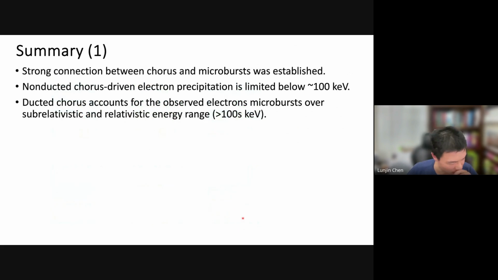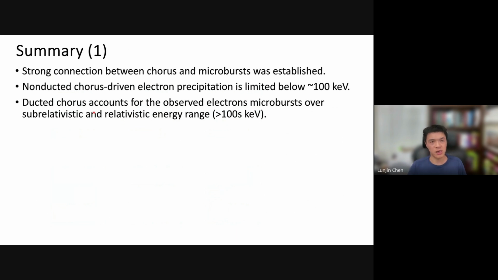Okay, so here's a quick summary of what I just said. First of all, observationally, there's a strong connection between the chorus wave and electron microbursts. We know that the chorus wave is the primary driver for the electron microburst, but the details of the chorus wave's effect on the microburst formation are still not well known.